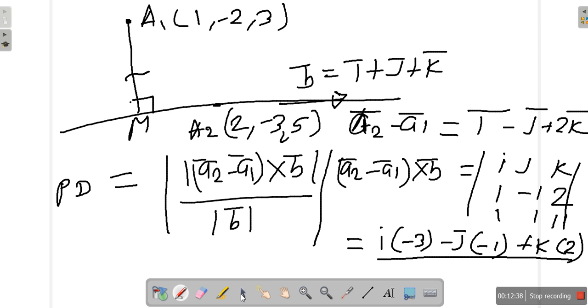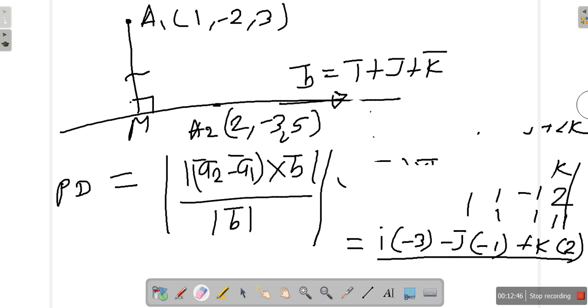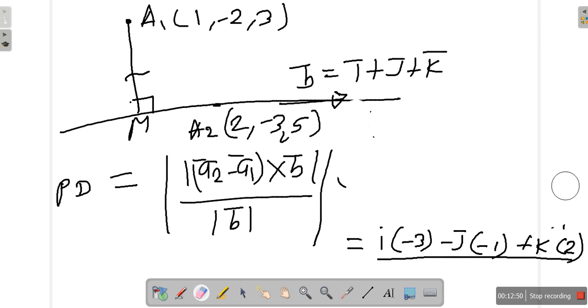Now we need to find the magnitude of A2 minus A1 cross B bar, so we are going to fill it in the formula. What is the magnitude of A2 minus A1 cross B bar?